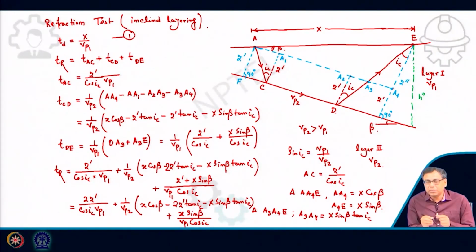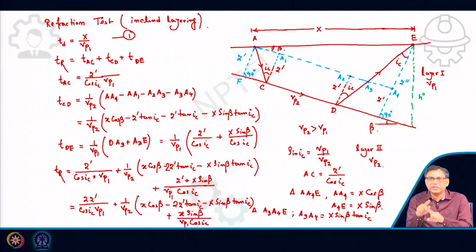So, now what I will do is change the position of the source and the position of the geophone. I will interchange them. Now A will be the position of the geophone and E will be the source. Initially A was the source and E was the geophone.